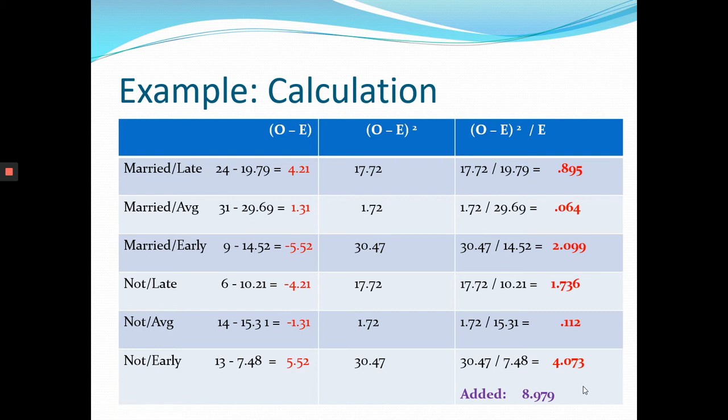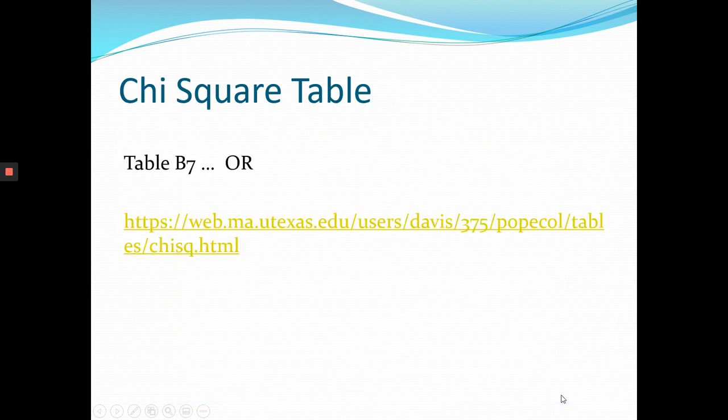We should round to the second decimal place for our final numbers. In psychology, at least, and I think in social sciences in general, we round to the second decimal place. So this is actually our chi-square. Chi-square is the sum of O minus E squared divided by E, so the sum of this for all the cells. So our chi-square is 8.98.